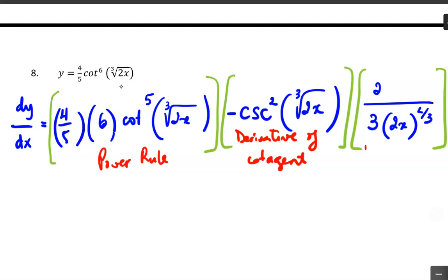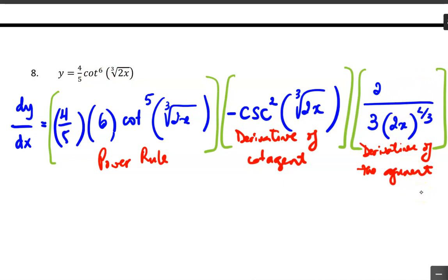So this one is the derivative of the argument. Okay, so you see that you do the power rule first, then you take the derivative of the trigonometric function itself, then at the end it's multiplied by the derivative of the argument.